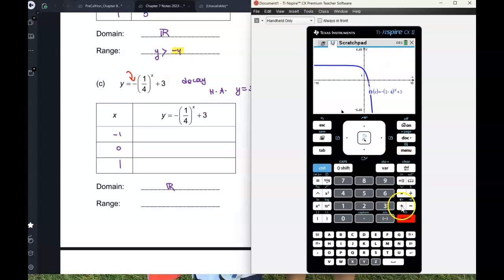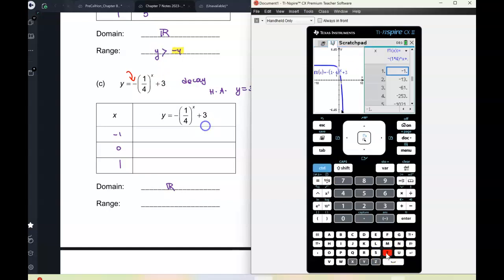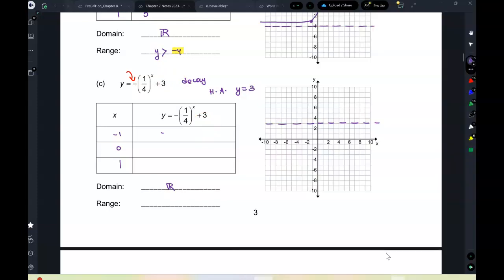Okay, so what did you guys get for x equals -1? Right, so -1, and then for 0, and for 1, how much?